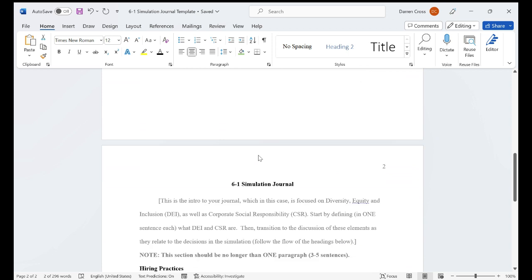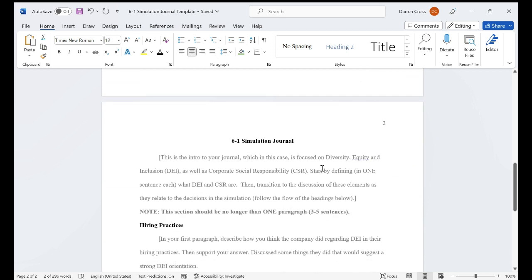So you want to start with an intro to your journal. This time you're going to be focused on DEI and CSR, right? So here you're going to define in one sentence each what each of these things is. You're going to actually say, diversity, equity, inclusion are those efforts to blah, blah, blah.